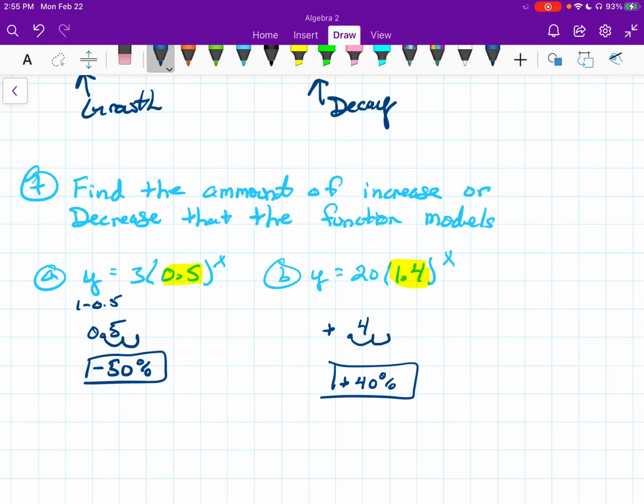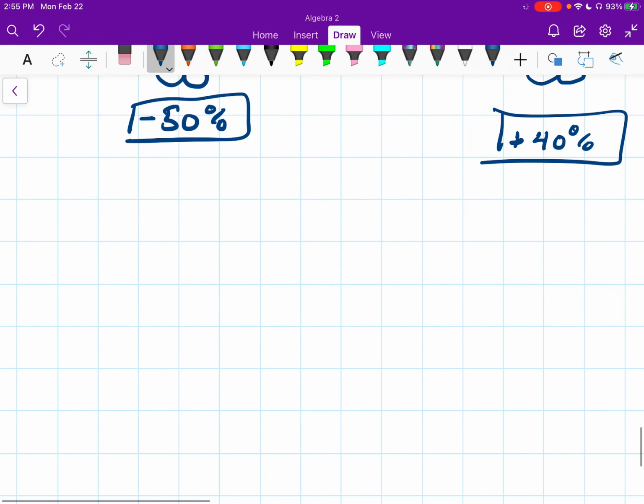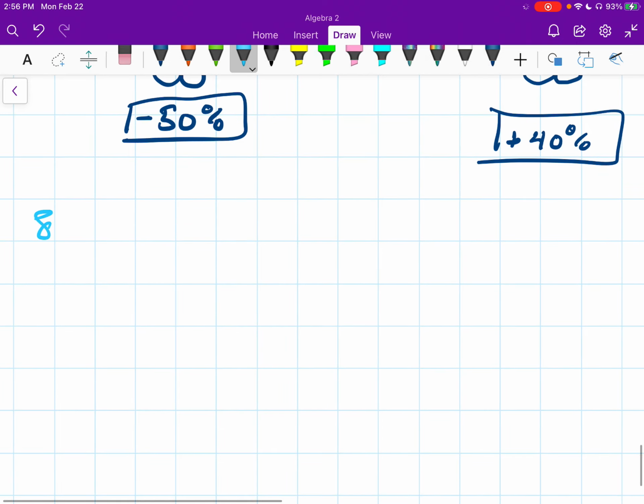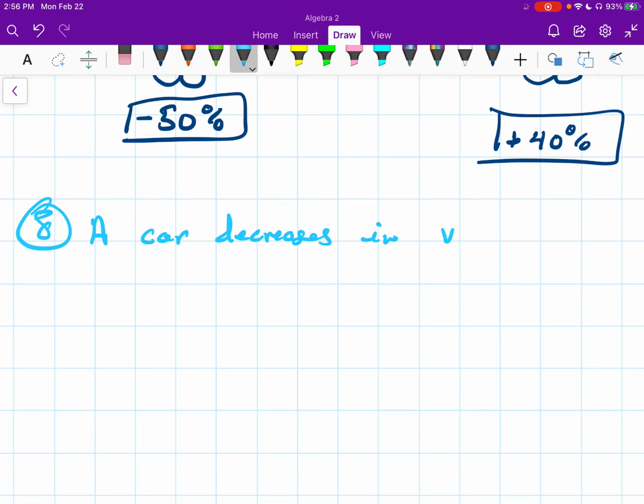Let's look at the last problem here, number 8. I think this is just a neat problem. A car decreases in value by 20% each year.